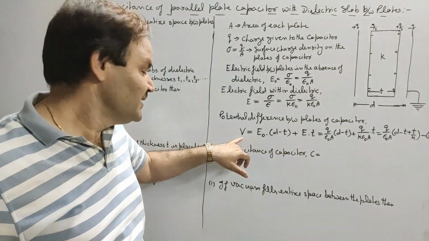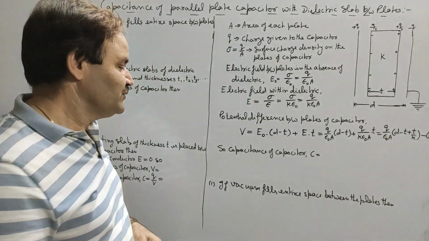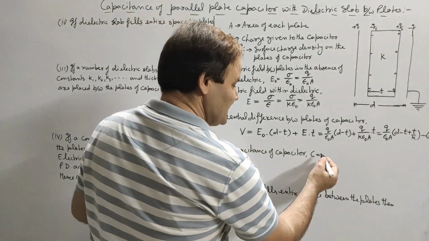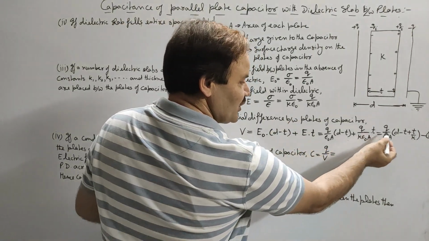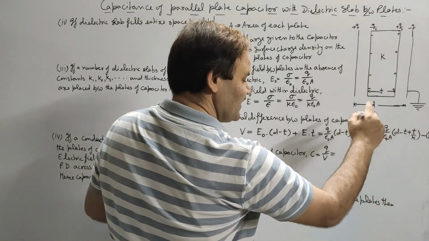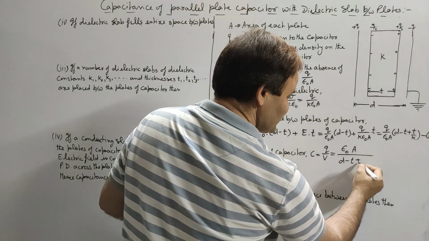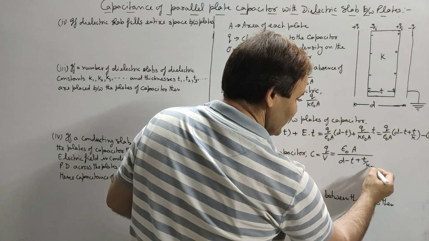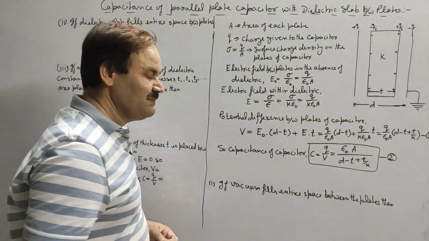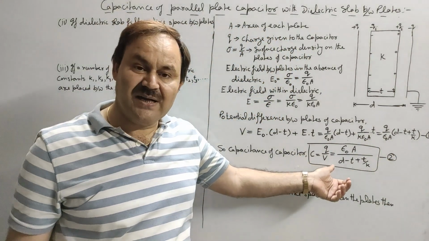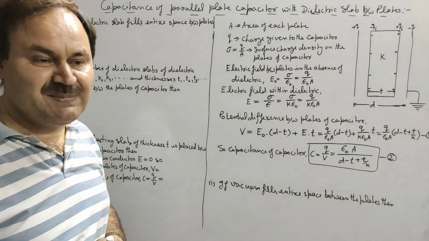Since we already know charge Q, the capacitance of the capacitor C will become Q upon V. Q will get cancelled with Q, epsilon naught A will come to the numerator and d minus t plus t by K will come to the denominator, and this will give us the capacitance of a parallel plate capacitor when a dielectric partially fills the space between its plates.